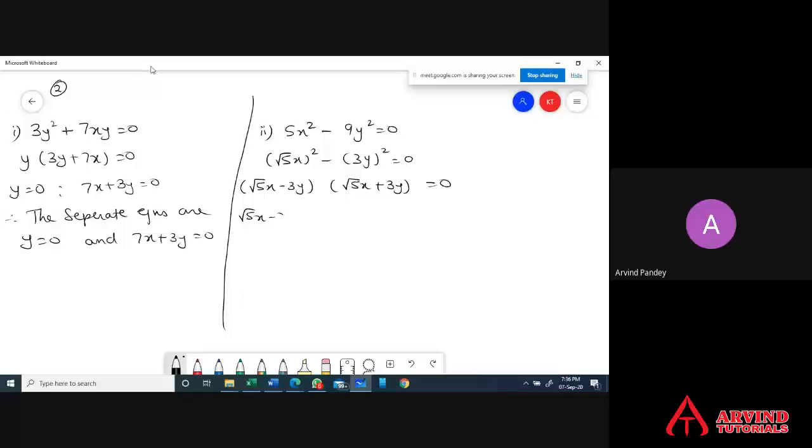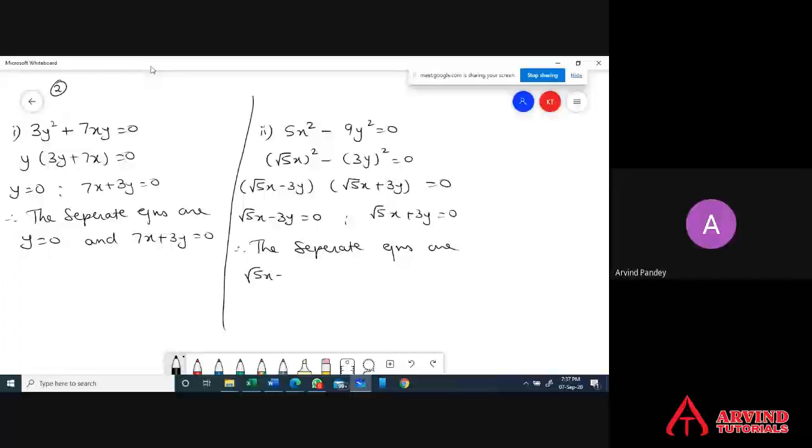That is root 5x minus 3y will be 0, root 5x plus 3y will be 0. We will say therefore the separate equations are root 5x minus 3y equal to 0, root 5x plus 3y equal to 0. Okay. Just copy these two and just try to solve the third part in the same manner now.